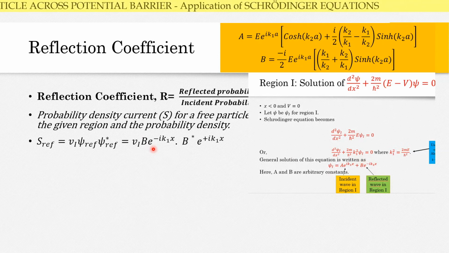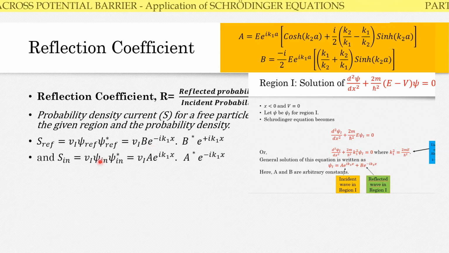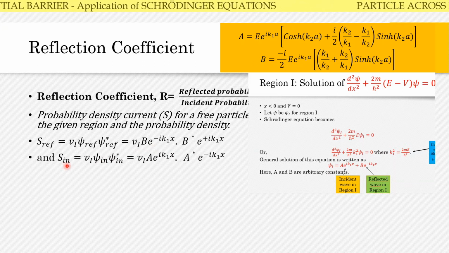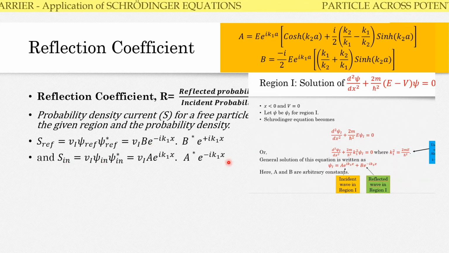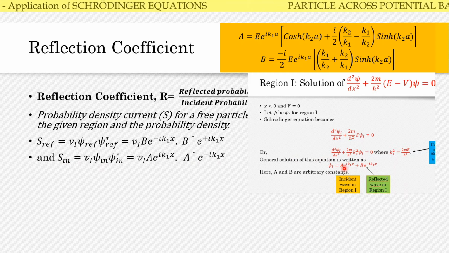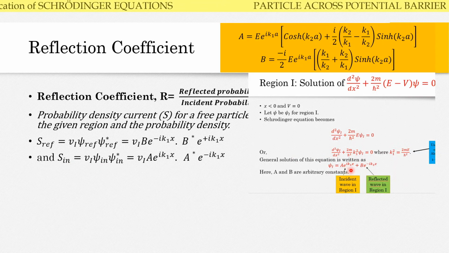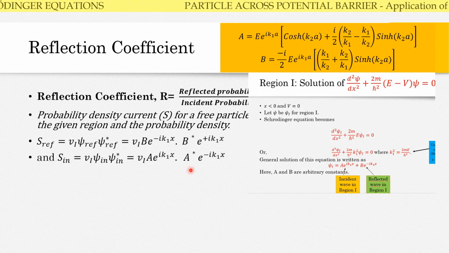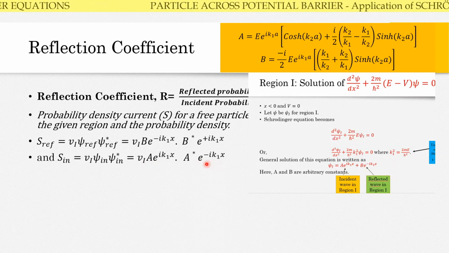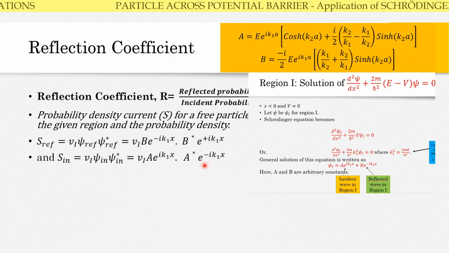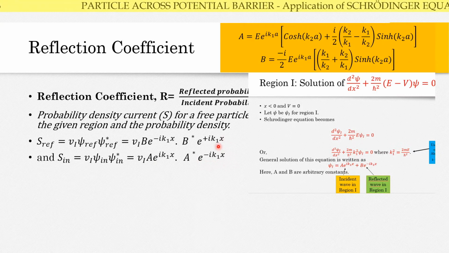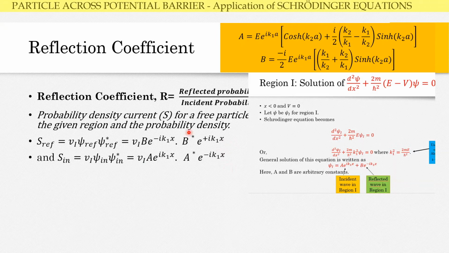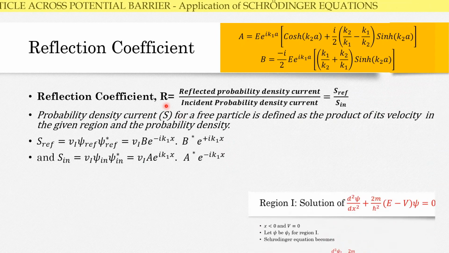In a similar way, I can also calculate the probability density current for the incident wave, and for the incident wave, obviously psi incident becomes the first term of this equation, a into exponential iota k1x, and its complex conjugate becomes exponential minus iota k1x. So now you know both these probability density currents, and now you can calculate the reflection coefficient.